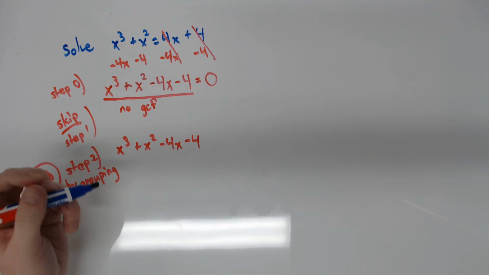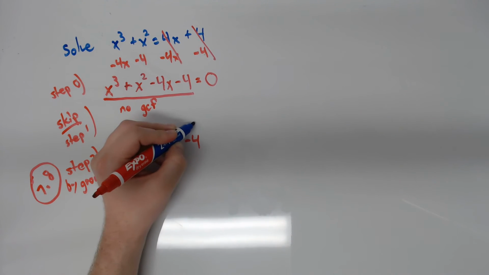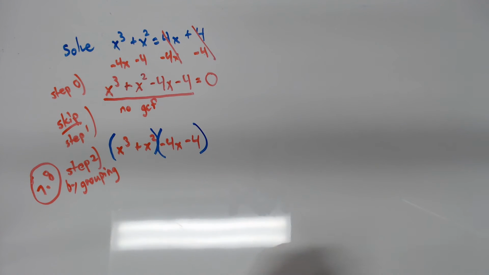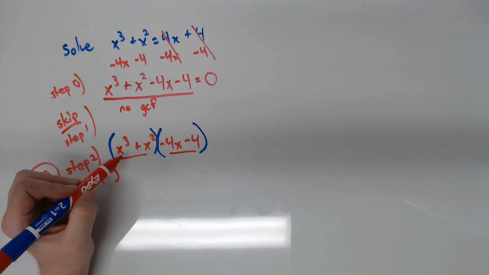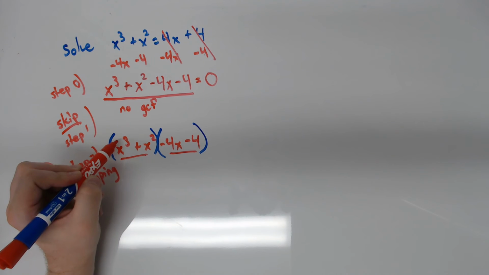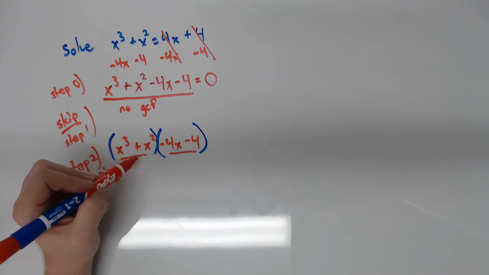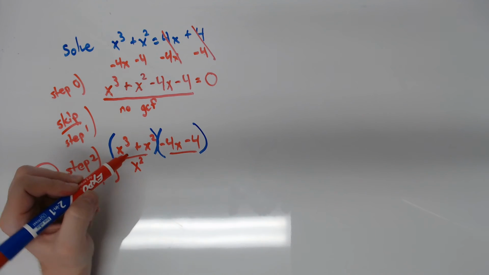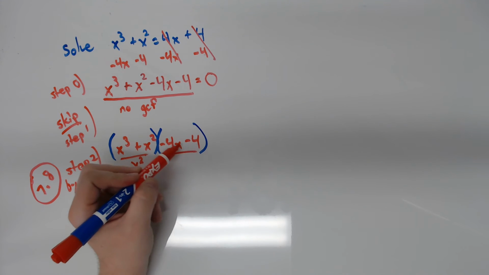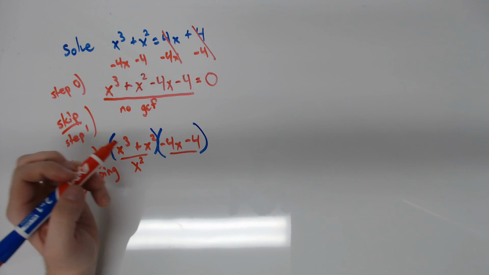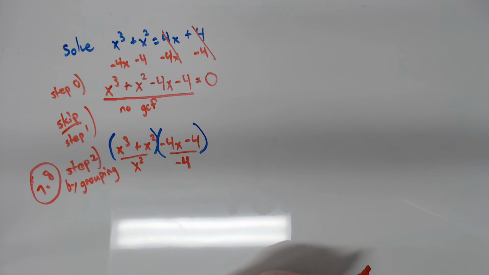So factoring by grouping looks like grouping your first 2 and your last 2 terms, factoring stuff out. So this first pair, there's no numbers to factor out, but this has 3 x's and this has 2. I can take out 2 x's before I would run out. Then these don't have enough x's to factor any out, but they both have a -4, so I'm going to factor out -4.